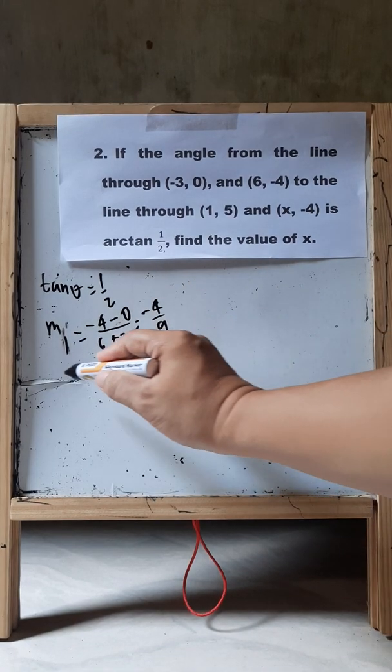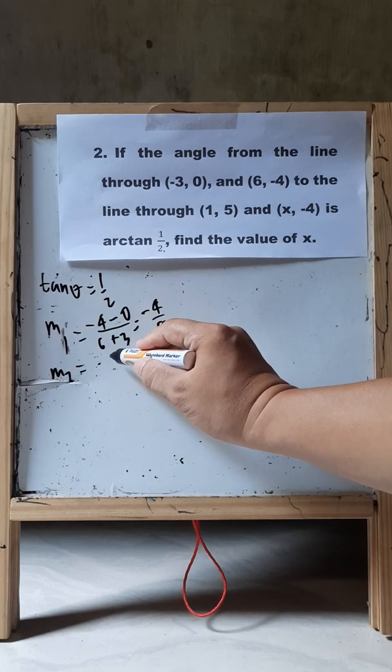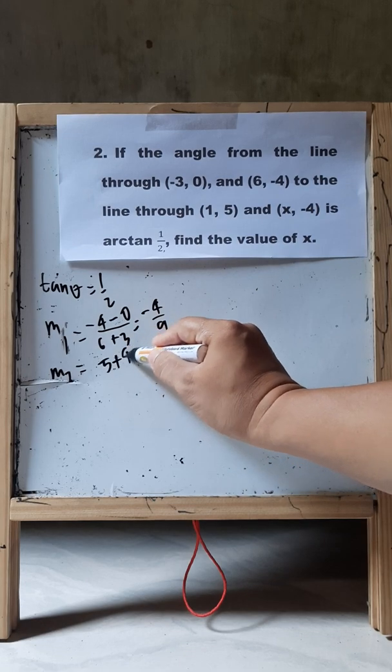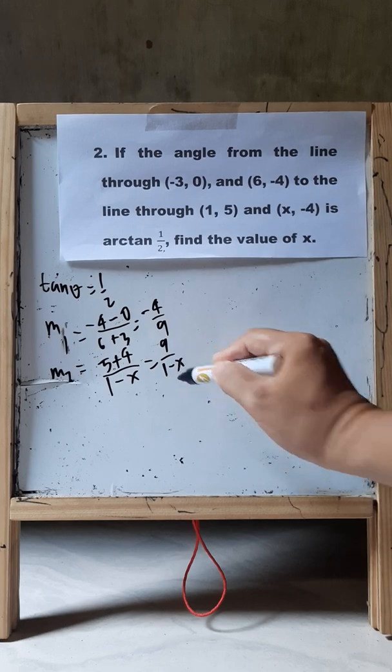How about slope of line 2? Okay, we have 5 plus 4 over 1 minus x. We have 9 over 1 minus x.